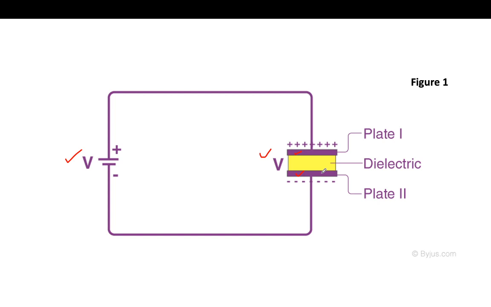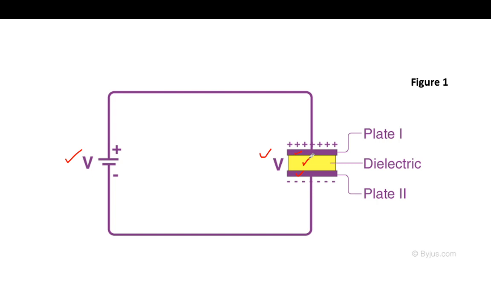It consists of two parallel plates separated by a dielectric. So this is the dielectric. Dielectric material is in between these two plates. So this is not a vacuum capacitor, because if there was no dielectric, then it would be called a vacuum capacitor, but there is a dielectric between these two parallel plates.